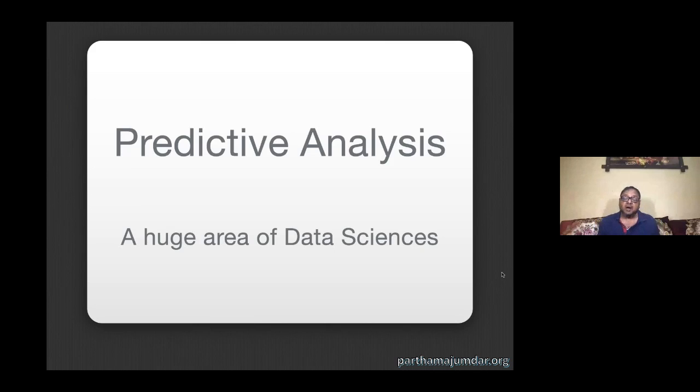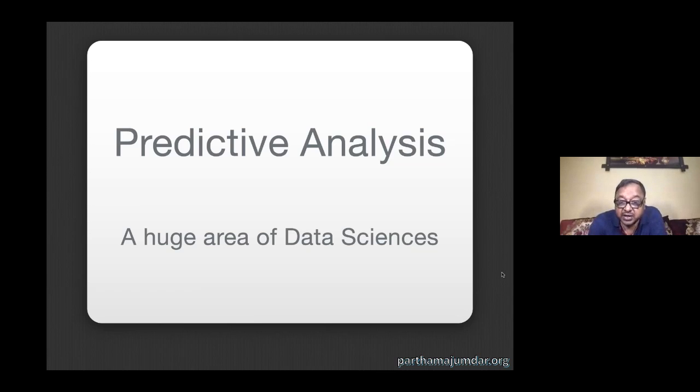Okay, now we come to the next aspect, which we have been talking about quite a lot, that is predictive analytics. This is a huge area of data science, and one of the main applications of data science is that I need to be able to predict what will happen in the future.